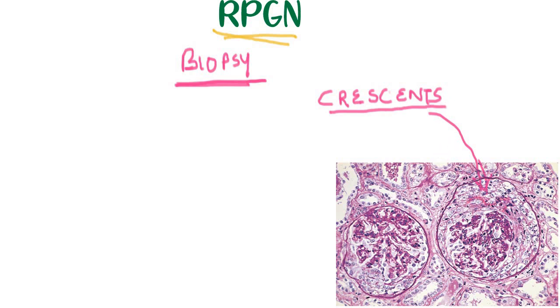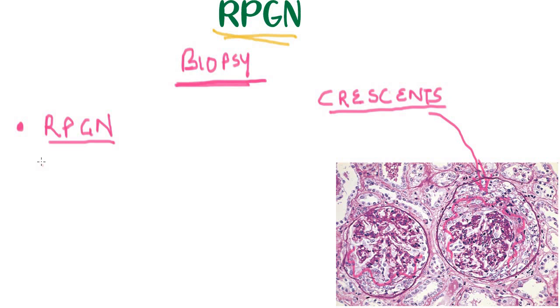This structure is a crescent formed in the glomerulus. Similarly, in this glomerulus there is a crescent. Whenever there is a crescent, we can be sure it is a case of RPGN.